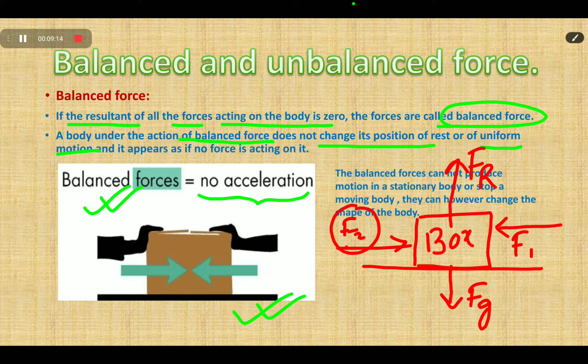So the force of reaction balances the force of gravity, and the force of friction balances the force of our push, so that the box doesn't move. And if it doesn't change its position of rest or of uniform motion, then we say that a balanced force acts on the object.